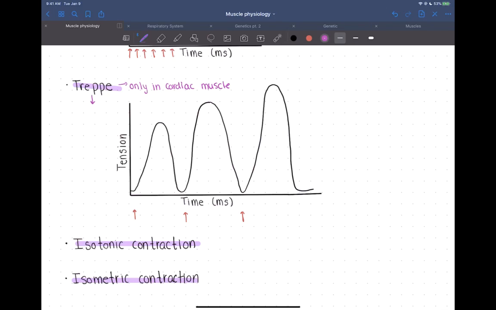All right. So we contract and relax. And the next contraction is stronger. All right. Next stimulation causes a stronger contraction.